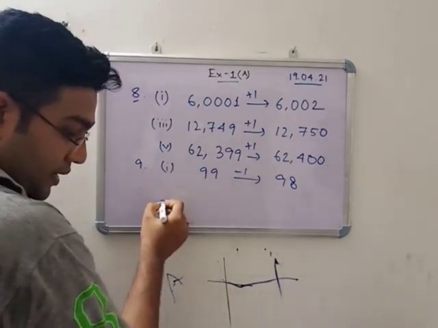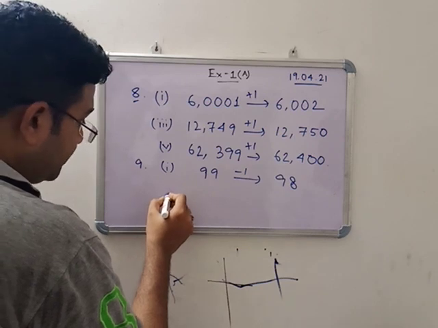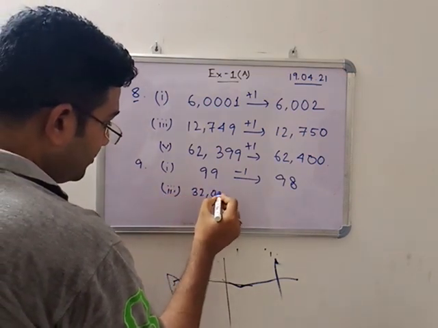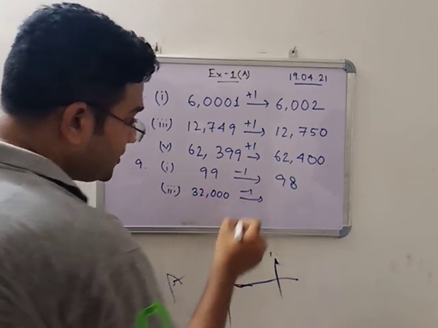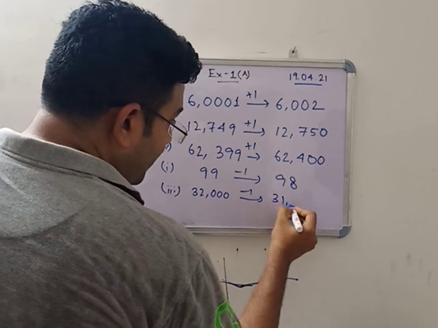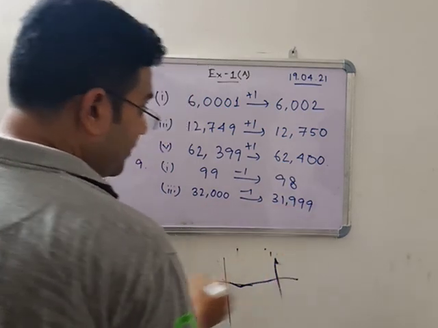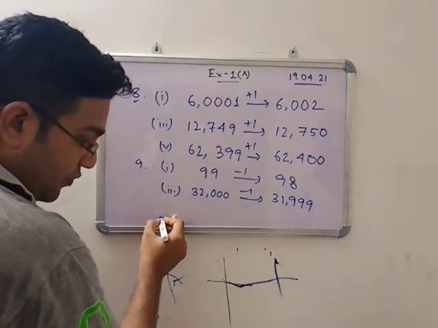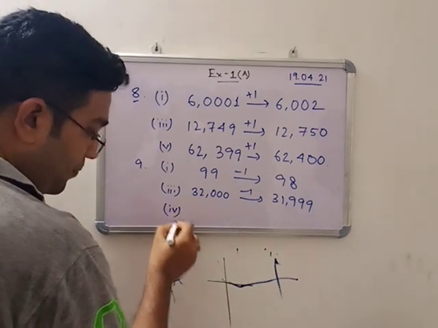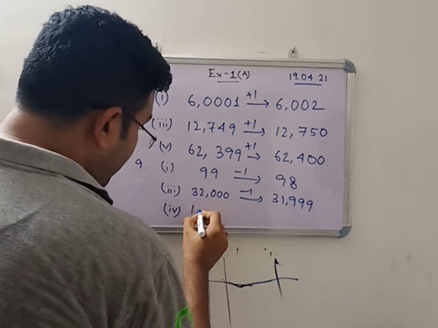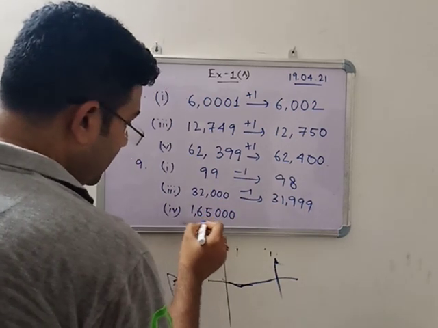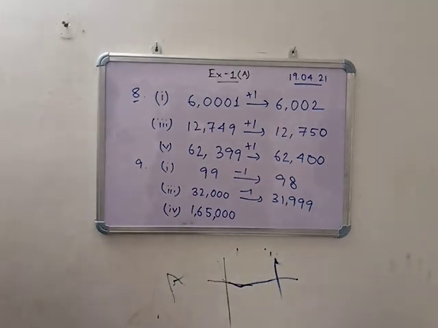Next, number 3, 32,000 minus 1. That means 31,999. Similarly, if we write number 4, that is 165,000.